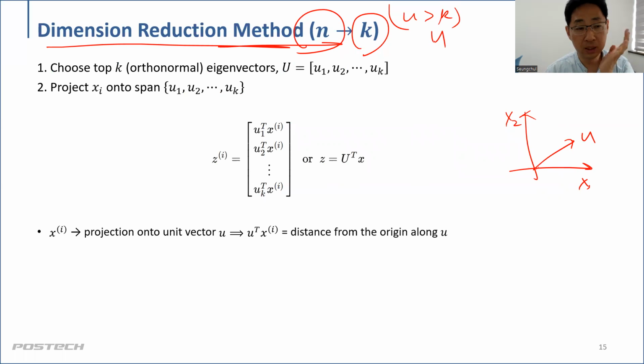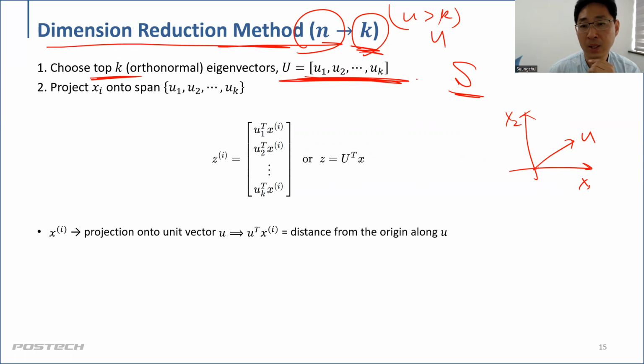Then what you need to do is, from S, the sample covariance matrix, compute the eigenvalues, sort them from largest to smallest, and pick the top k. That's going to be the new coordinates.